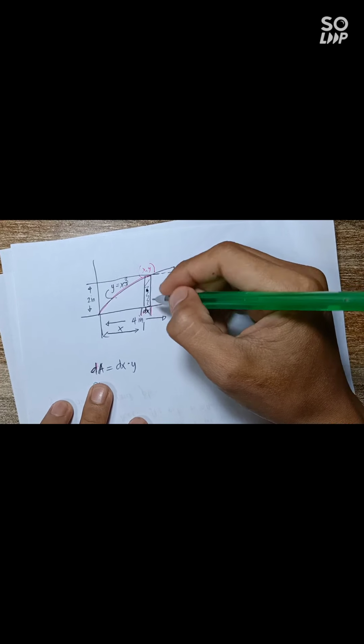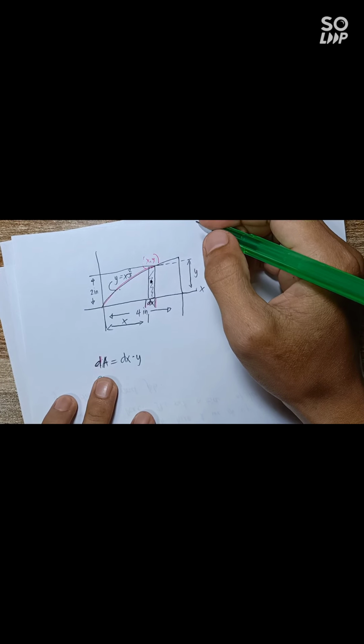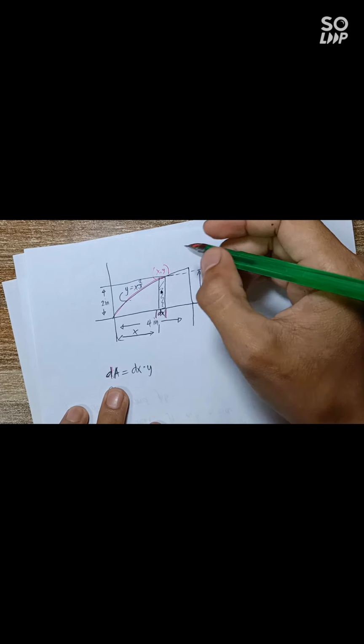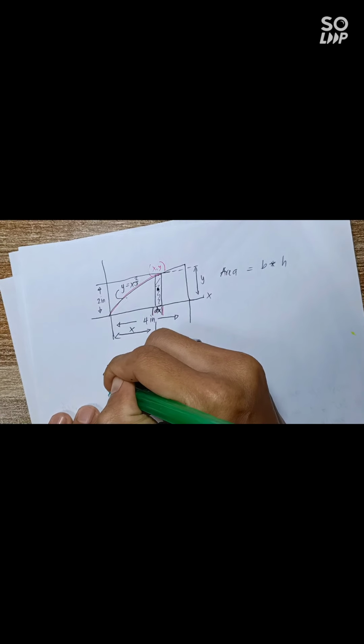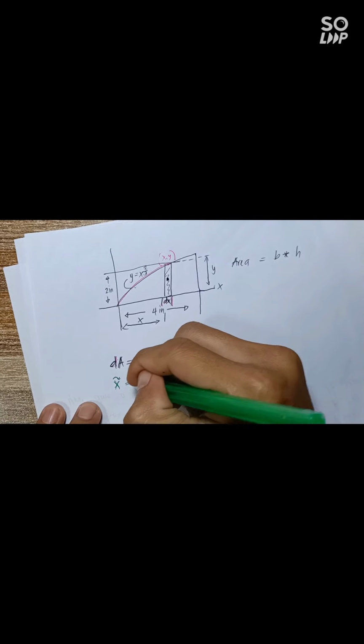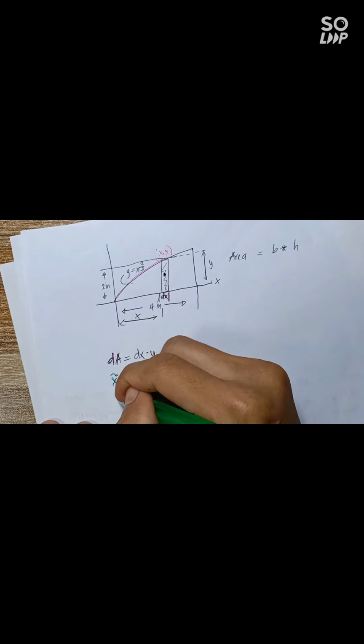You can see this point is the x tilde. Since we draw the little rectangle as small as possible, the x tilde for the vertical rectangle will be x. And what about the y tilde?